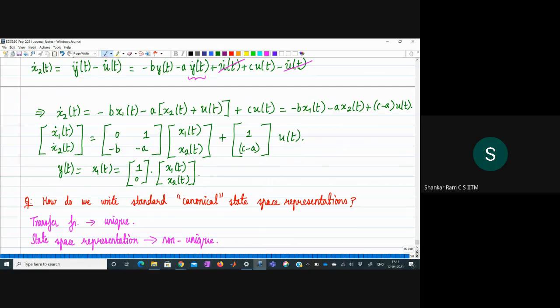But is it a good thing or a bad thing? It depends. We will see that we are going to use the fact that the state space representation is non-unique to our advantage in many problems. We can transform the state space representation using some tools to get a very simple set of equations that we can work with. We will learn that in the next class.